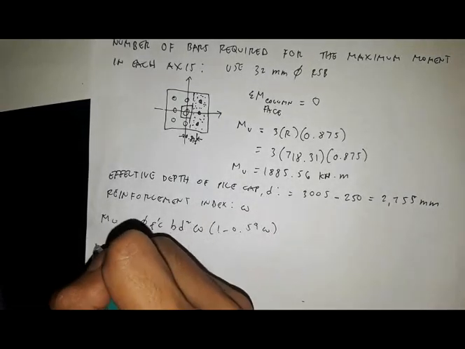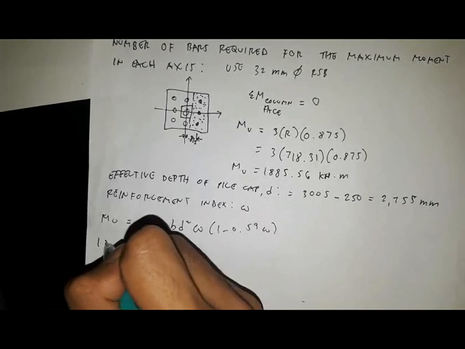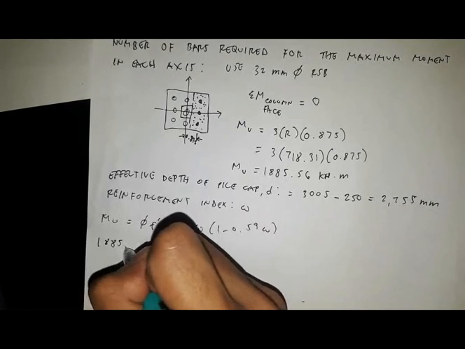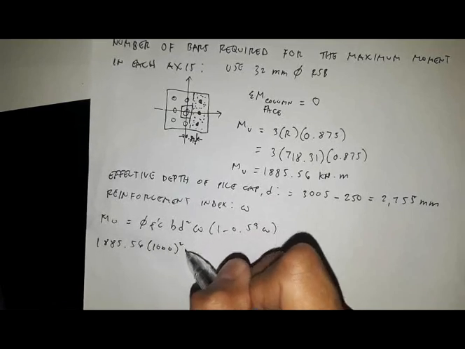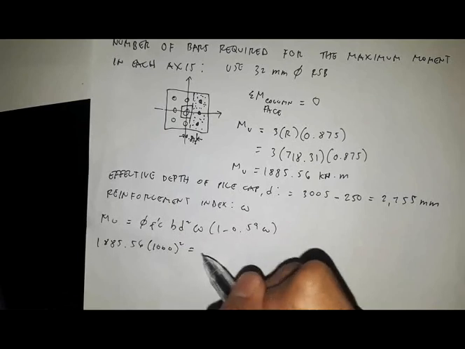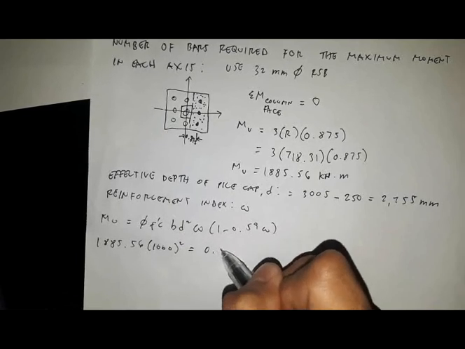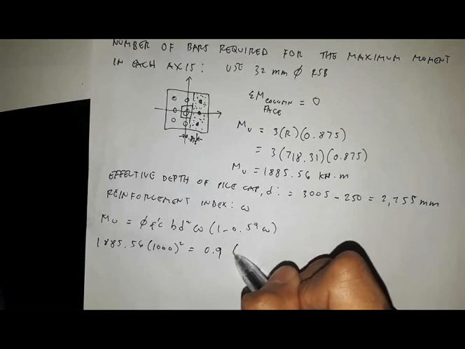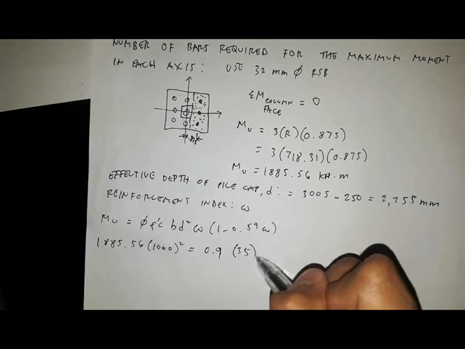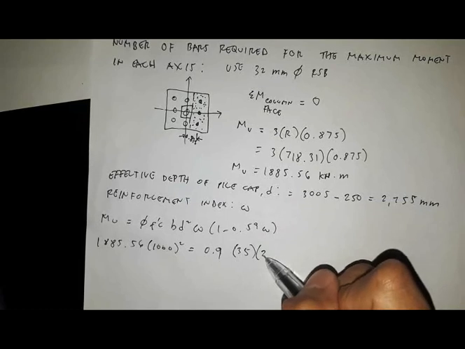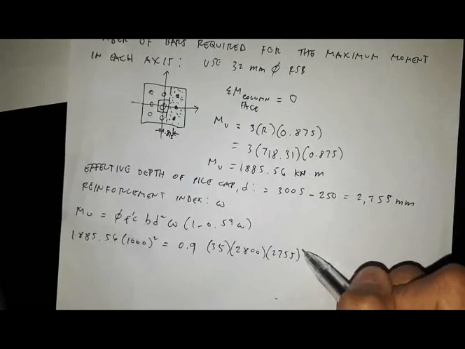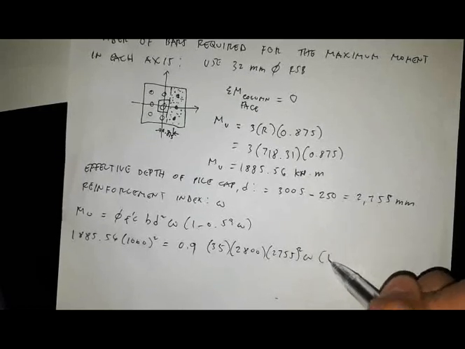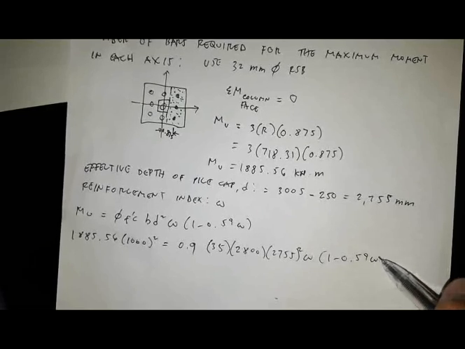By substitution, 1885.56 kilonewton meter multiplied by 1000 squared to convert to Newton millimeter equals phi of 0.9 times fc prime times b of 2800 times d of 2755 squared omega times 1 minus 0.59 omega.